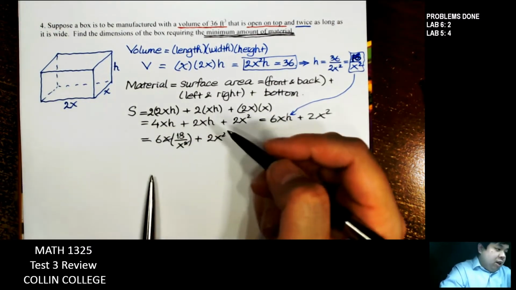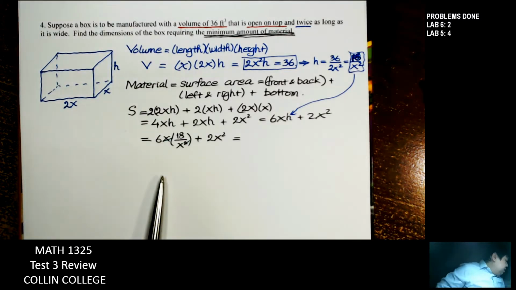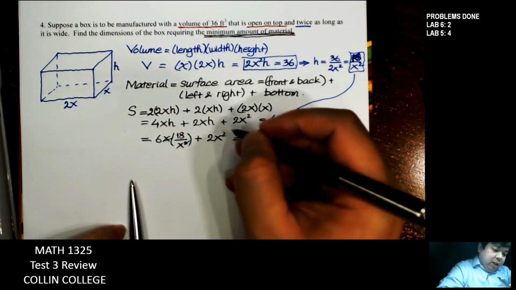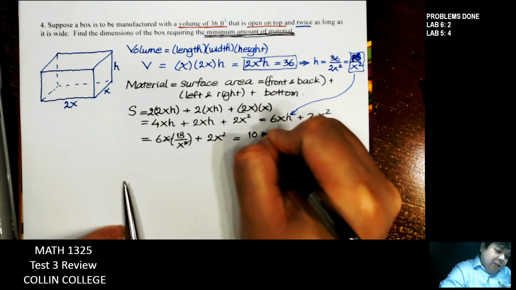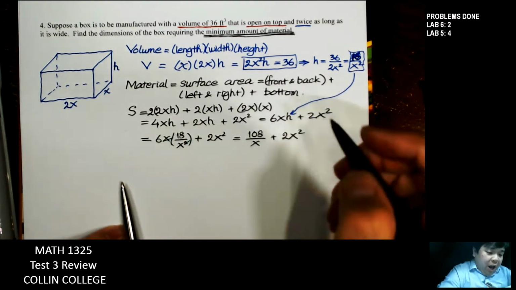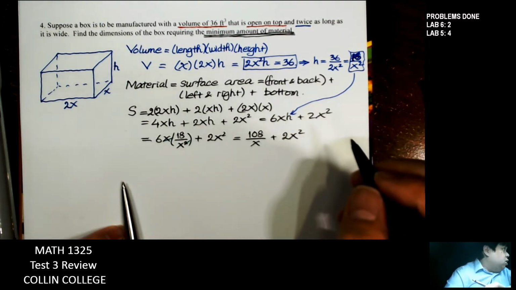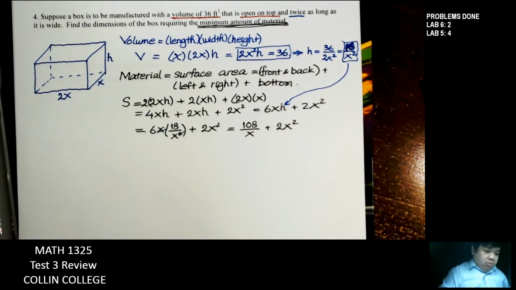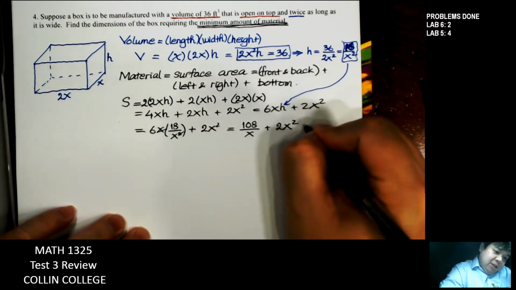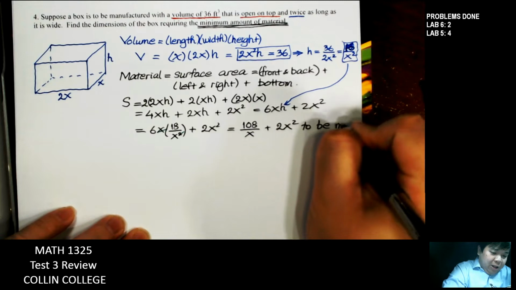And then we'll simplify. Cancel one of the x. We have 6 times 18 on top, which is 108. Finally, we have the function 108 over x plus 2x squared.